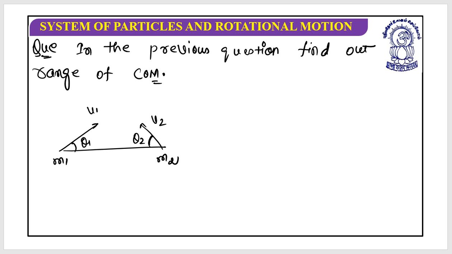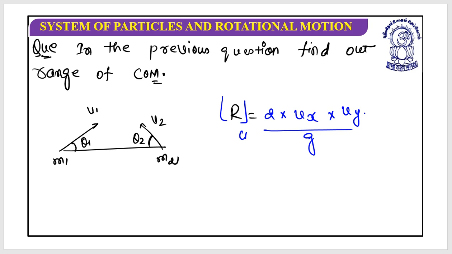How can we do this? What I am supposed to understand is that this range would be equal to 2 into ux into uy divided by g. Yes, this was the normal situation. For calculating this for the center of mass, I need to understand that this is the center of mass.